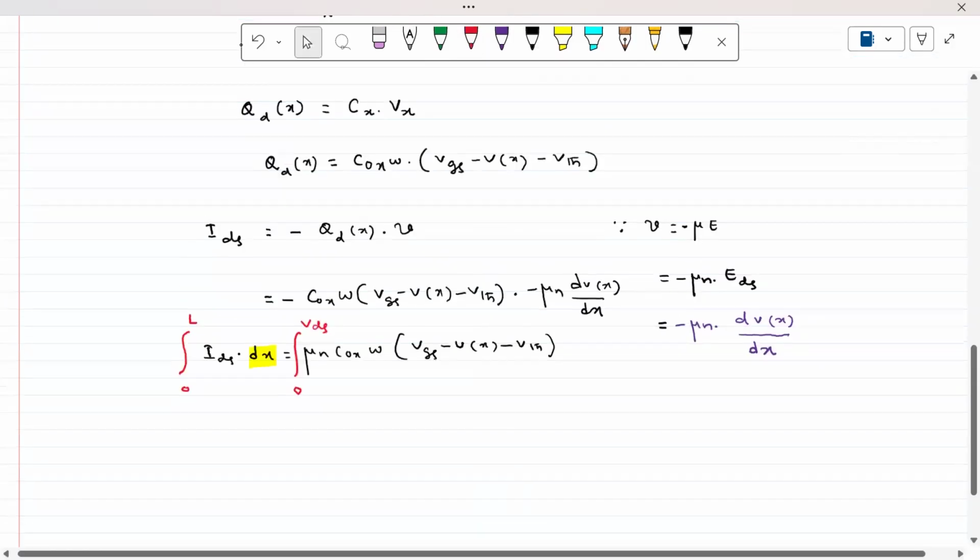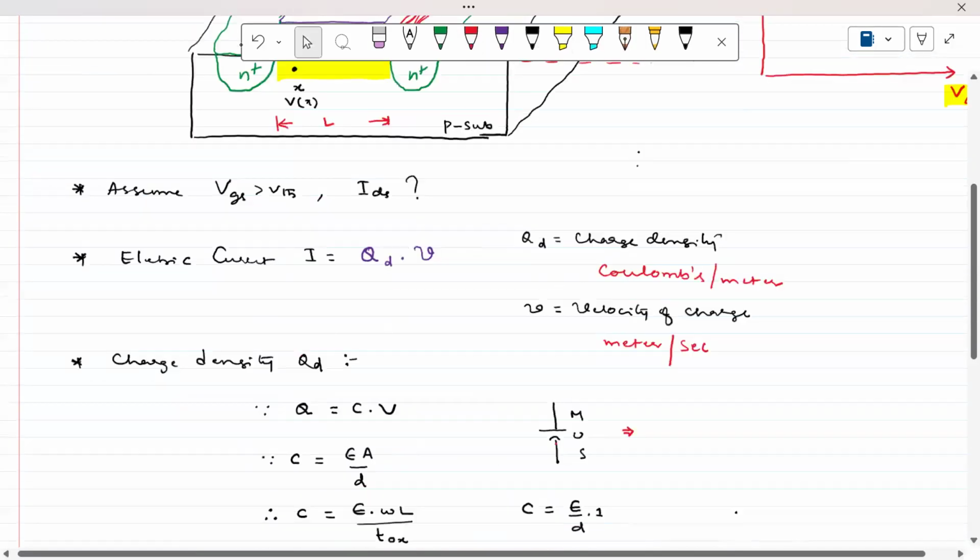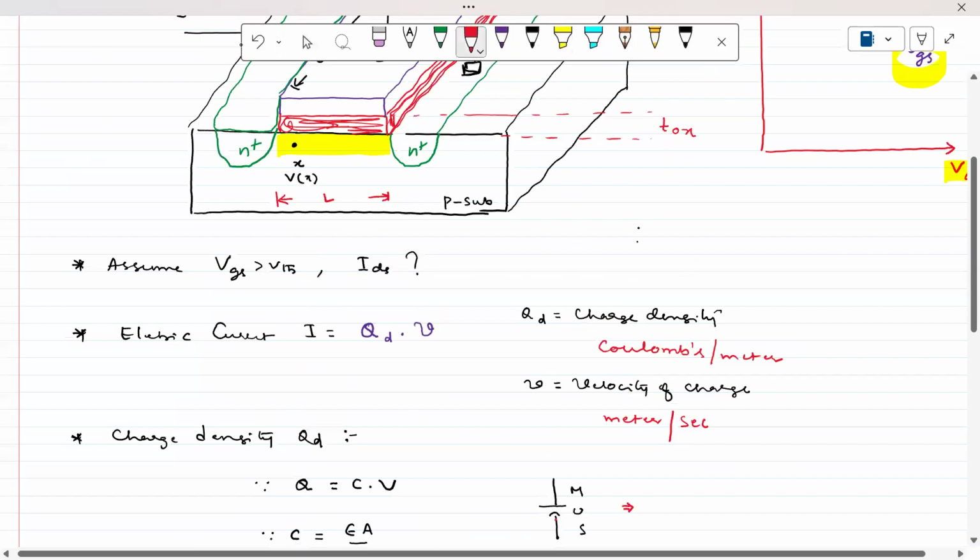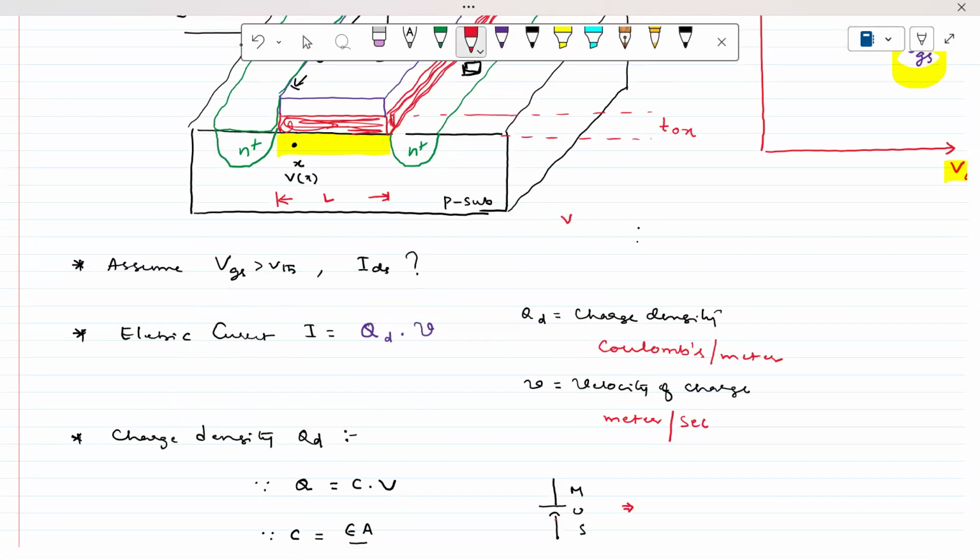Look at the voltage within the channel. Carefully, we can observe V of X at X equal to 0. What value can you observe? V of X, the voltage at a point X near the source.